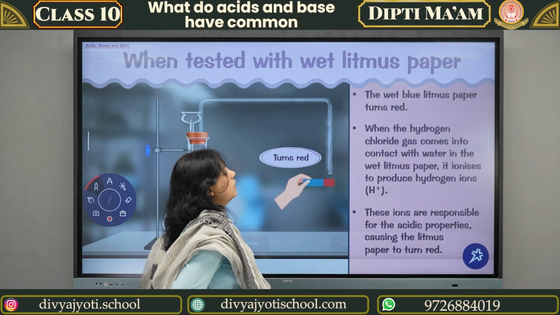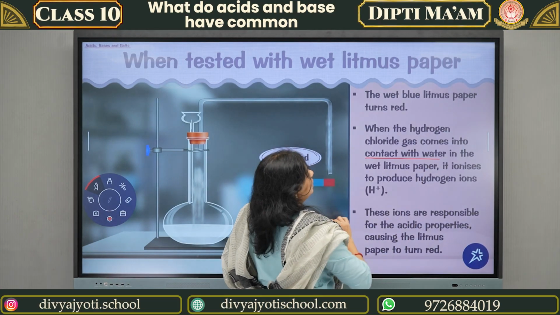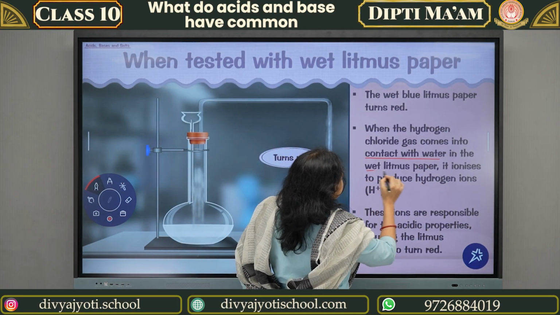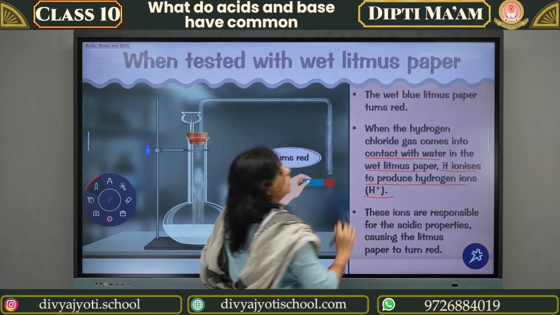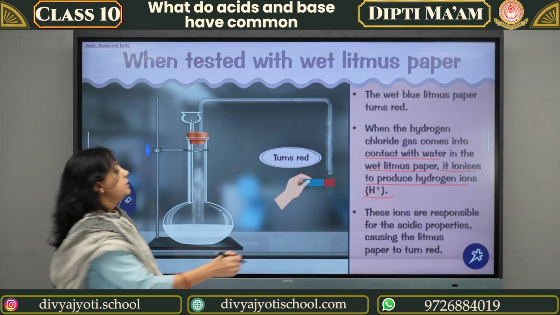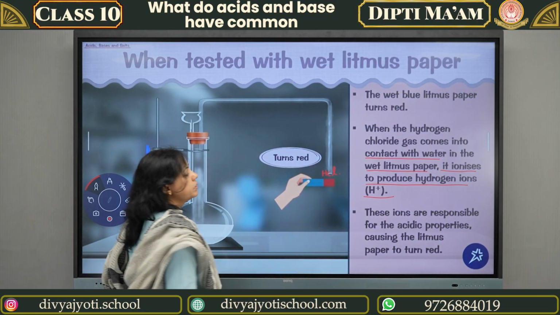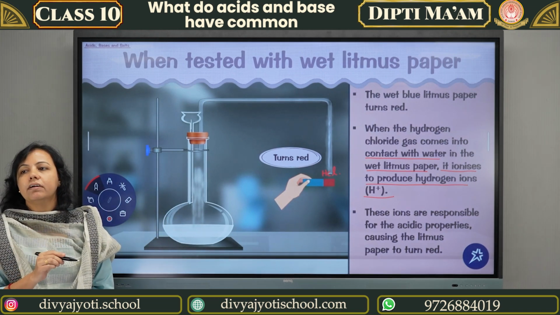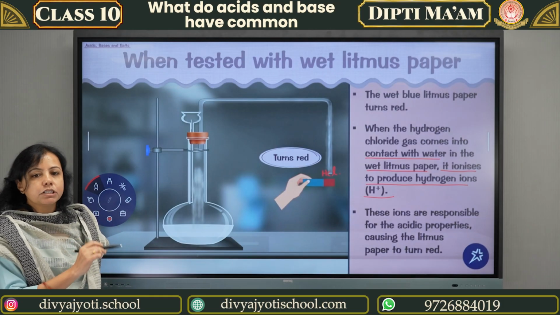Why? Because when the hydrogen chloride gas comes into contact with water in the wet litmus paper, it ionizes to produce the hydrogen ion. The HCl gas coming out from this delivery tube reacts with the water particle which is present in the litmus paper.